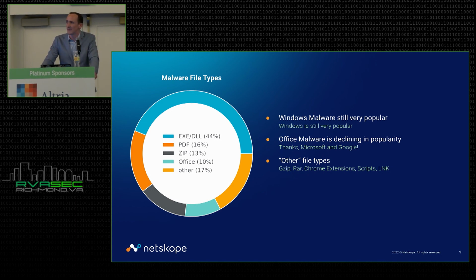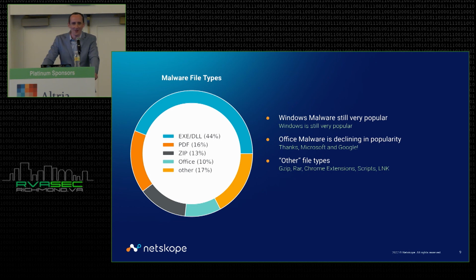But one question I often get is, Ray, you must be wrong, or maybe you're misrepresenting something, because I use Google Drive and OneDrive, and I know that if I upload malware to them, it gets blocked.